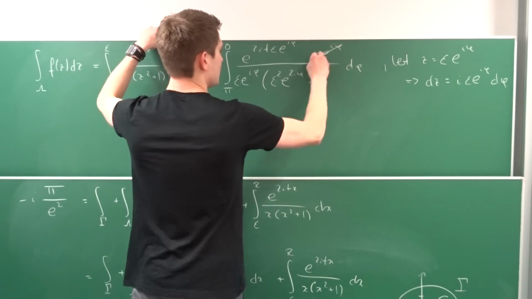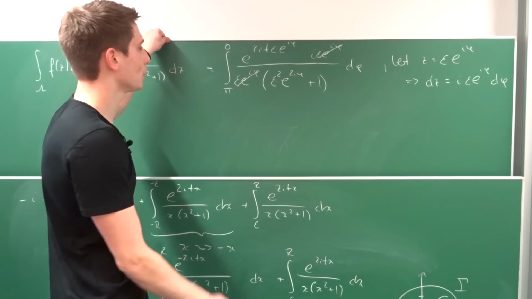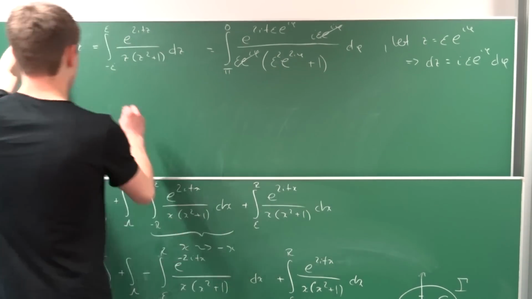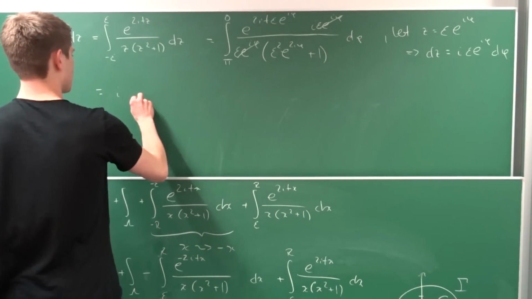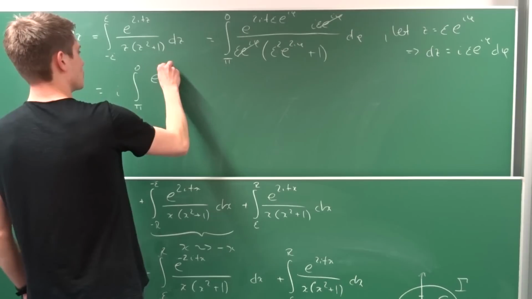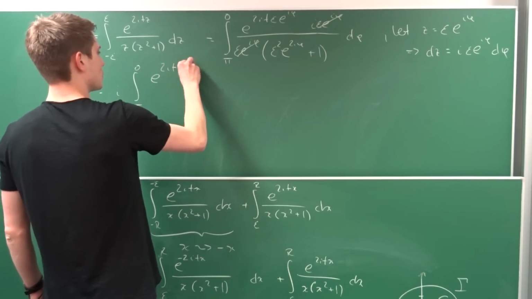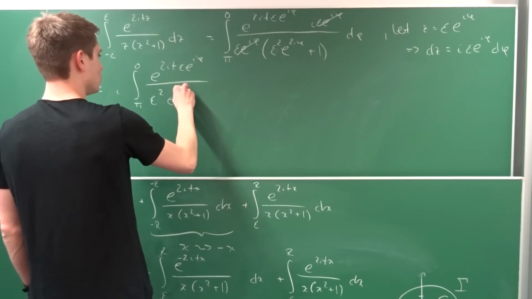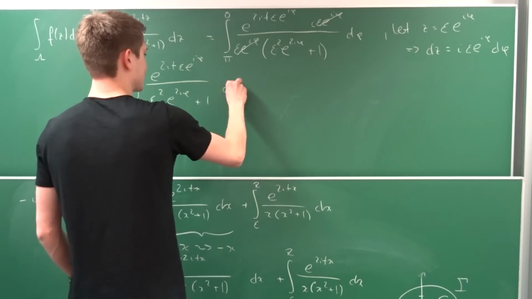You might notice this and that will cancel out. And well, nice, we can bring this I to the front, and then we have done a lot of stuff. So this is I times the integral from pi to 0 of e to the 2it epsilon e to the I phi over epsilon squared e to the 2I phi plus 1 d phi.